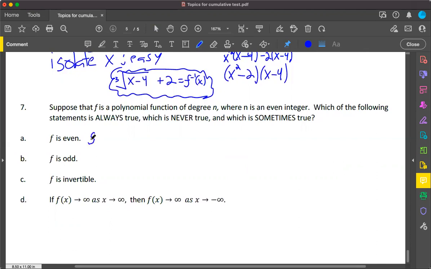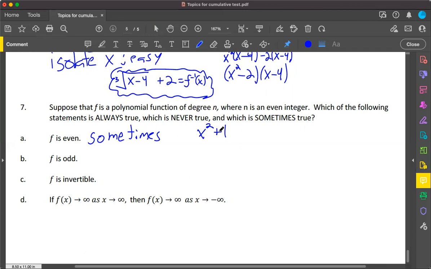I'm going to say sometimes, because, allow me to entertain this, if you have x squared plus 1, just vertical shifts, those will work. That's a polynomial function. That's degree n, it's even.